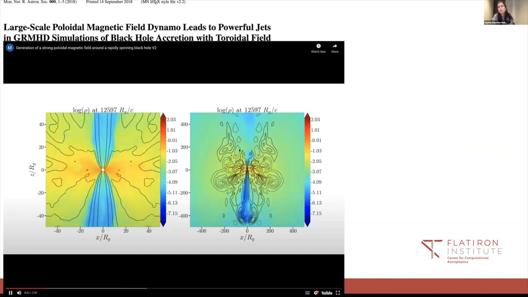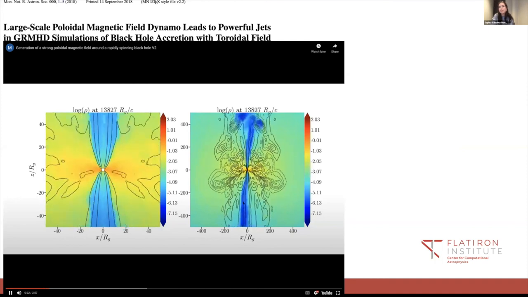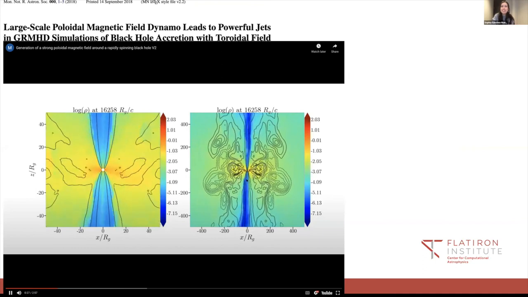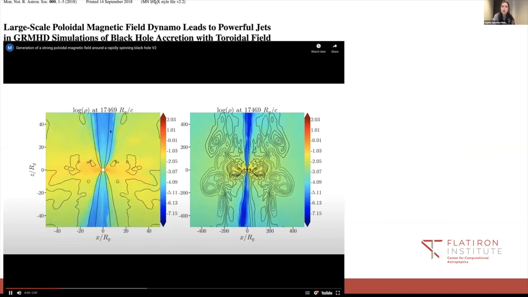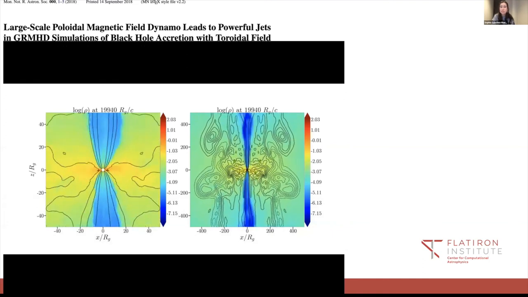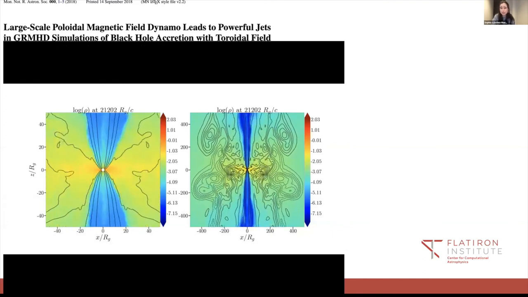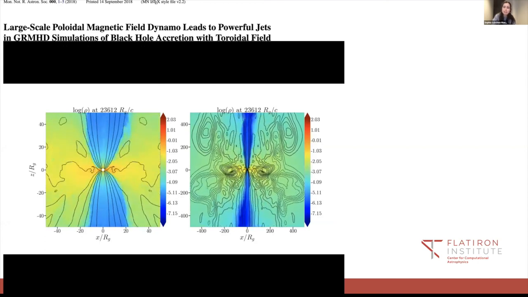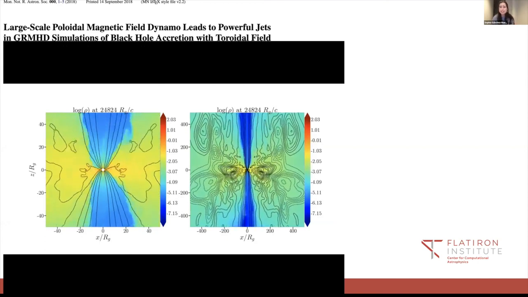And that one seems to grow very much faster, very quickly and suddenly and powerfully and coherently, to create the really strong, coherent poloidal field loops that are characteristic of a MAD disk, the ones that we always assume without necessarily showing what they come from, which is kind of a demonstration that maybe it could be done by the disk itself, by a natural process.